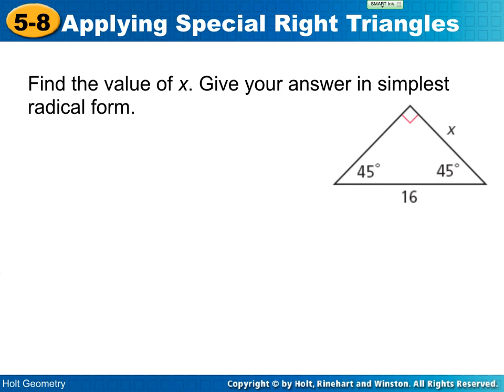The hypotenuse is 16. So what's the leg length? In simple radical form. This kind of a triangle, you're either multiplying by the square root of 2 or dividing by the square root of 2, depending on which side you have and which one you're finding.